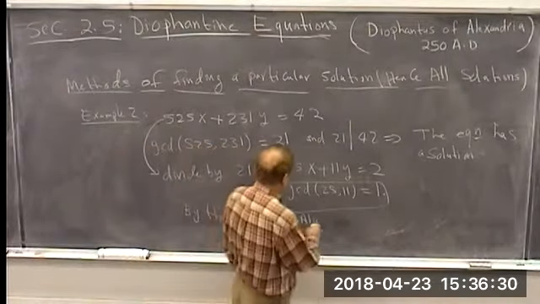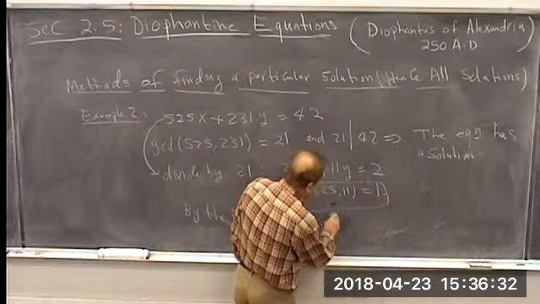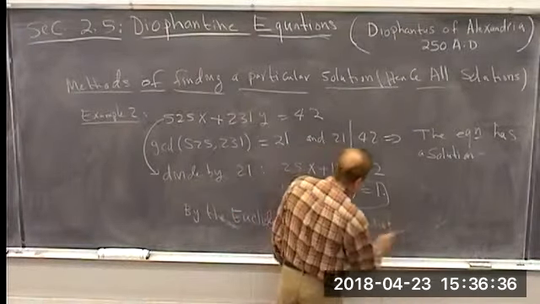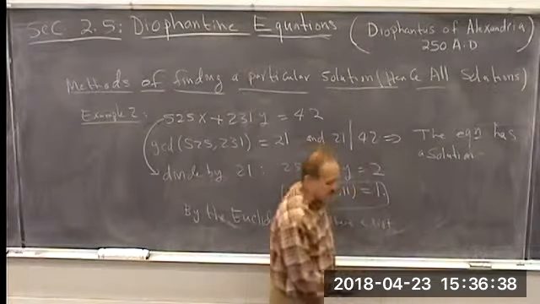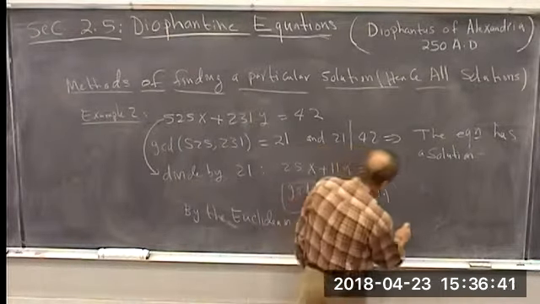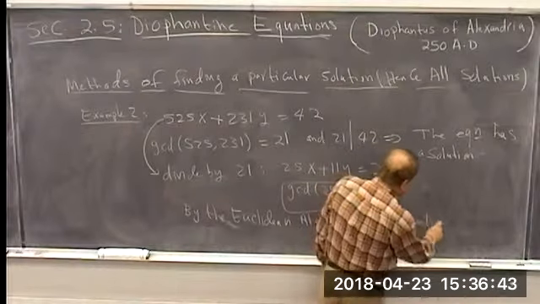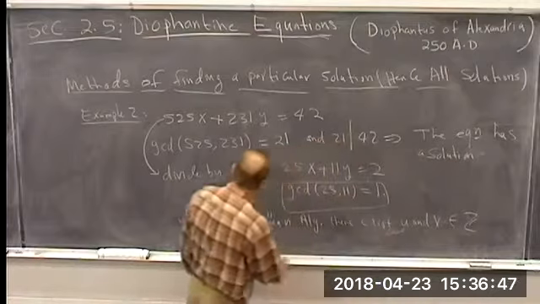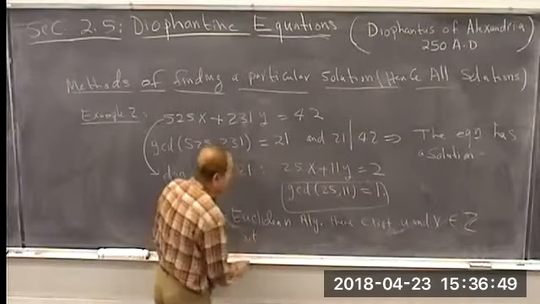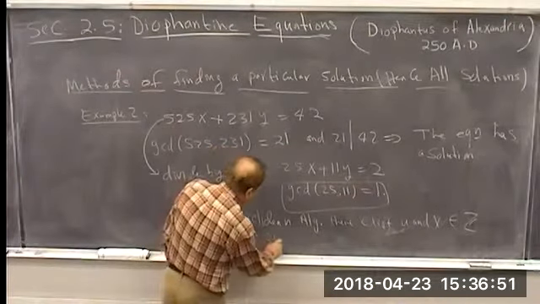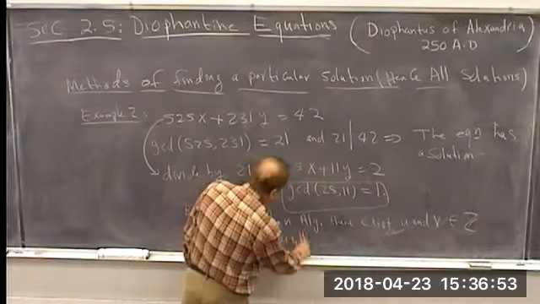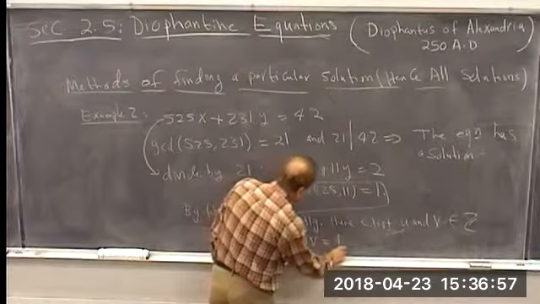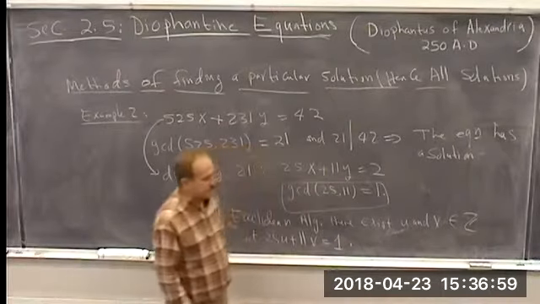So by the Euclidean algorithm, there exist u and v in the integers such that 25u plus 11v is equal to 1.